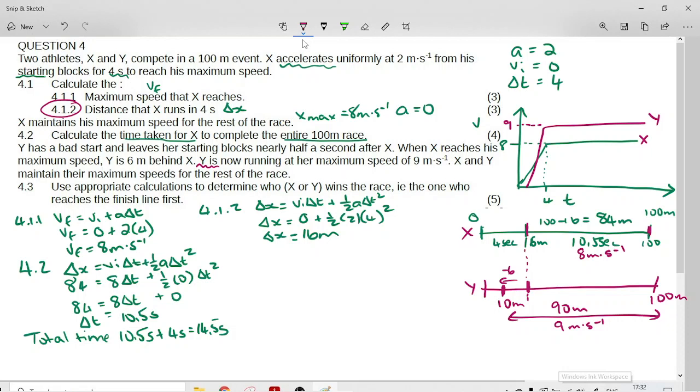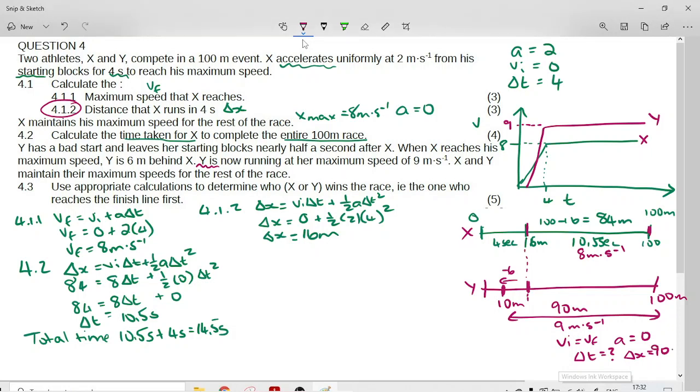If you have a look here, we know a VI for Y, and we know the VI equals the VF because she's at constant velocity, so the A equals 0. We are looking for a delta T, and we've worked out from the information in the question that her delta X is going to be 90 meters.